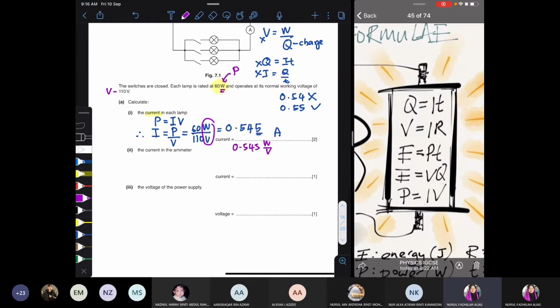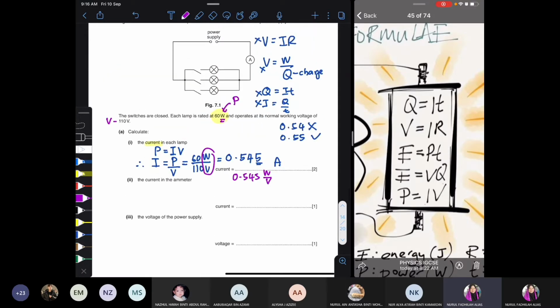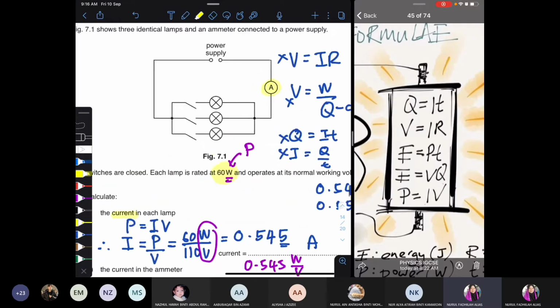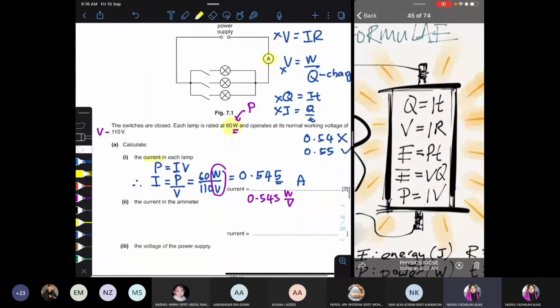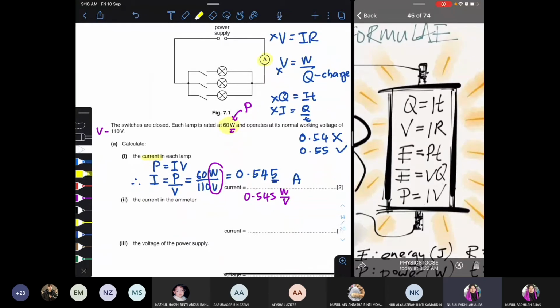Okay, alright, next. Current in the ammeter. So where is the ammeter? So here, the ammeter is here. The ammeter is placed in series with all of them. Dengan semua bulbs tu. So this is actually measuring the total current. Tengok ni. You are actually measuring the I total. Jadi kalau I total, so whatever the current here is, kat sini ada current flow kan?